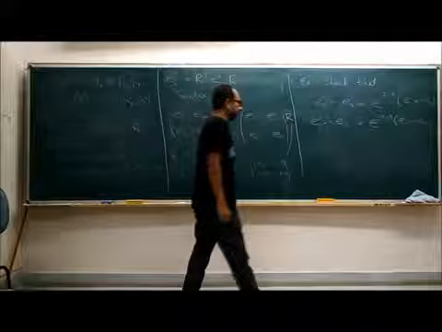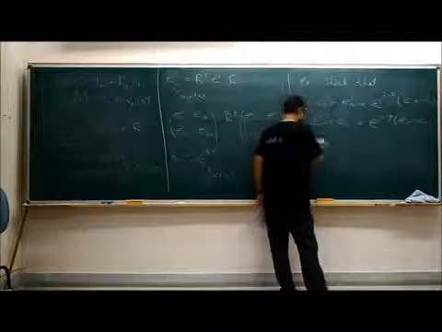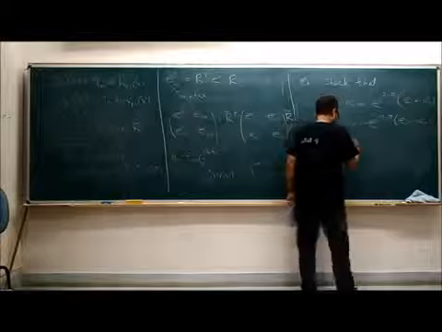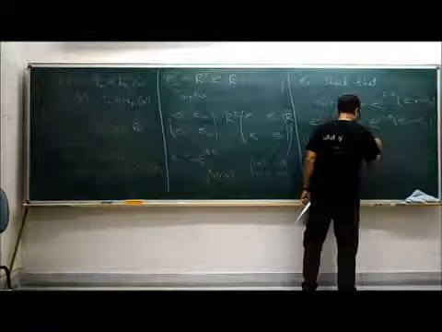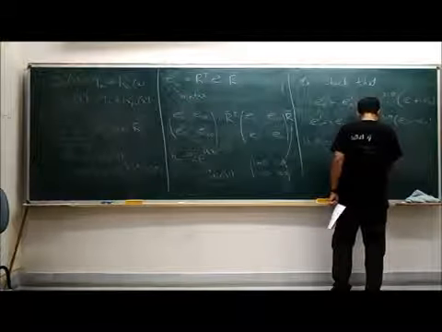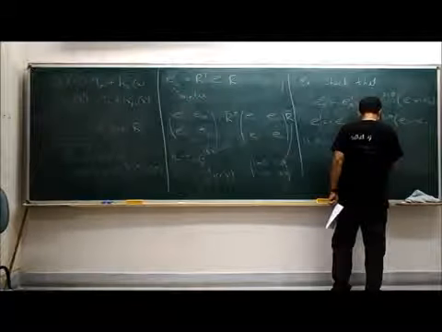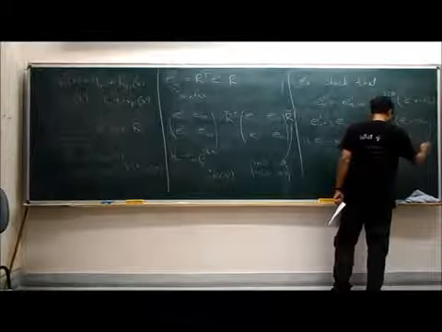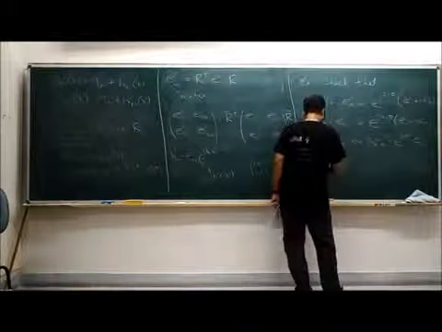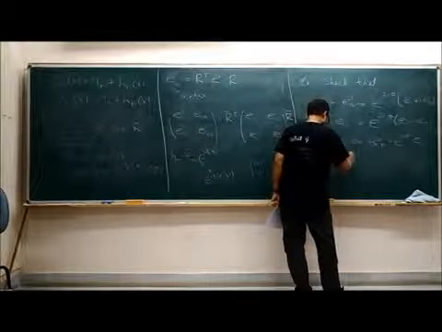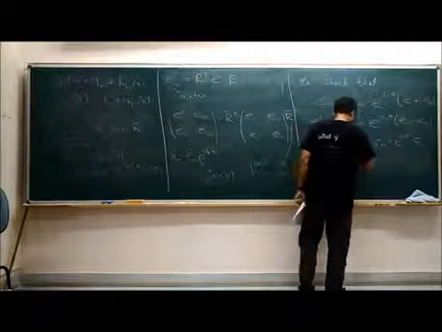So this means that if E11 is equal to i E12, then, and if E11 is equal to minus i E12, then.